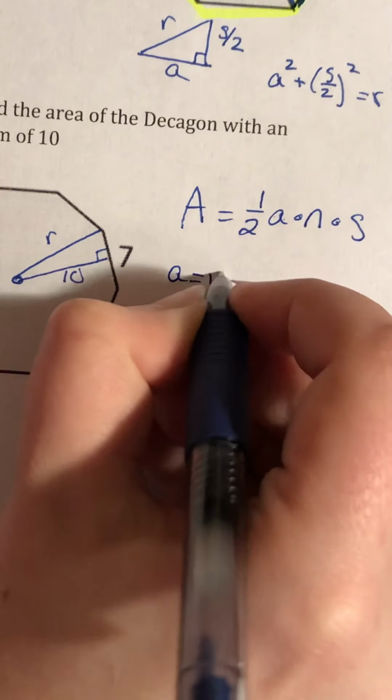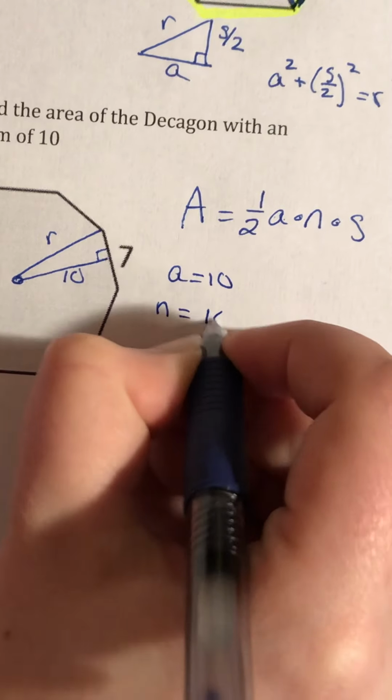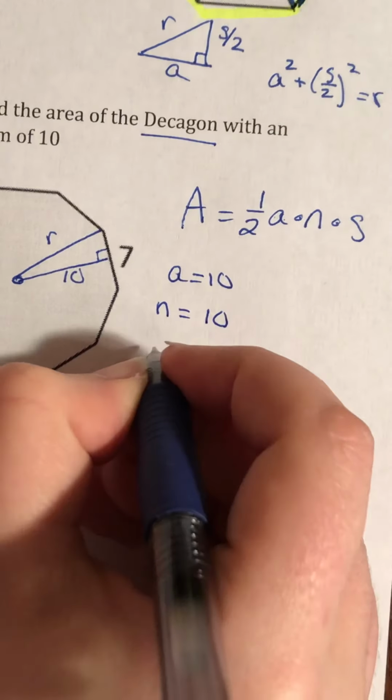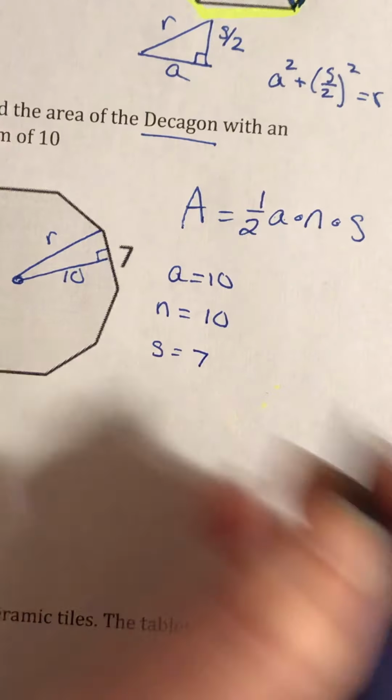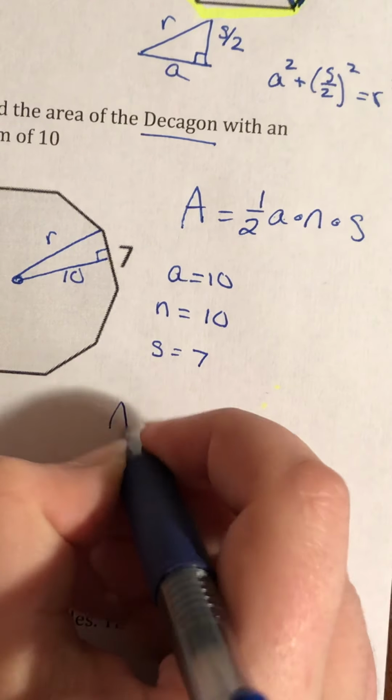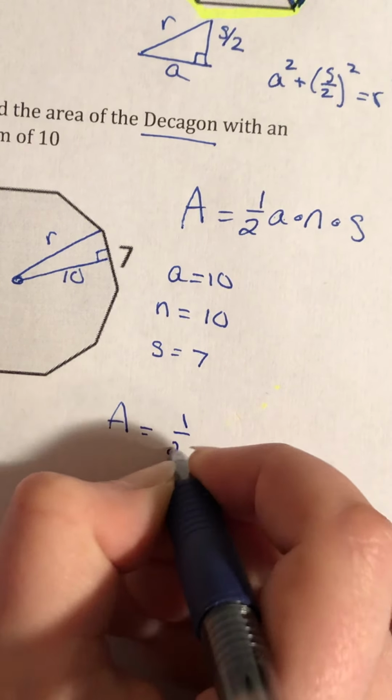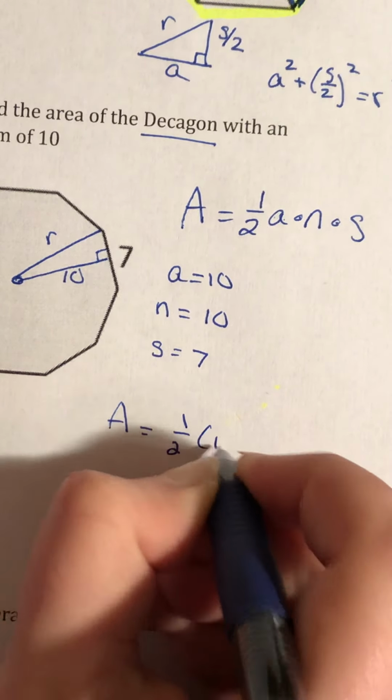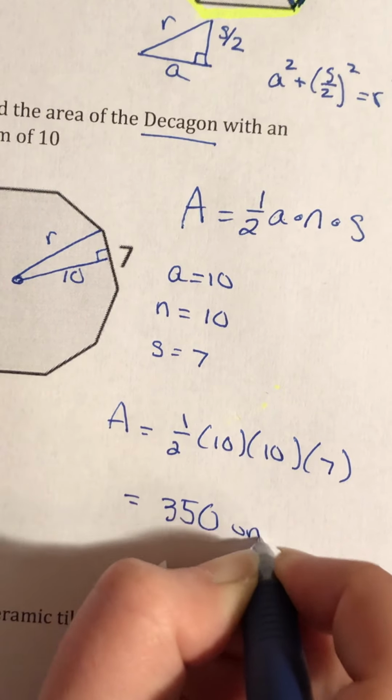So here my apothem is 10. The number of sides is 10 because it's a decagon, and each side is 7. So I have 1/2 times 10 times 10 times 7. That actually gives you exactly 350 units squared.